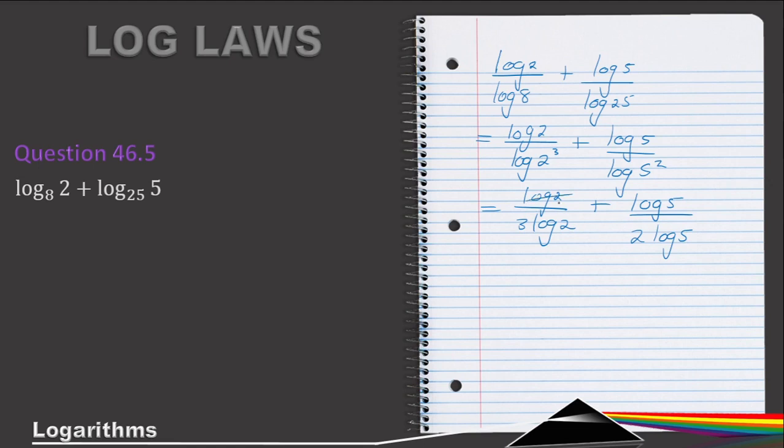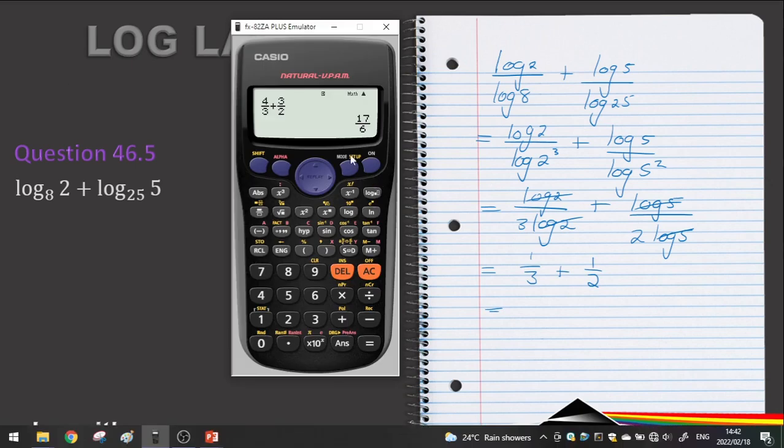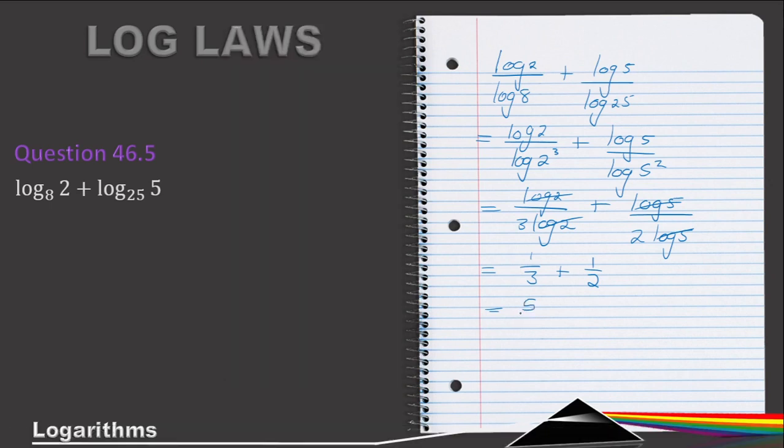Then we cancel and we have 1 over 3 plus 1 over 2 left, and then we just add our fractions. Five over 6. Done.